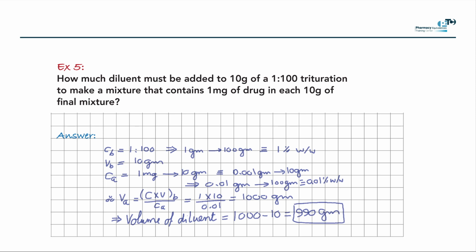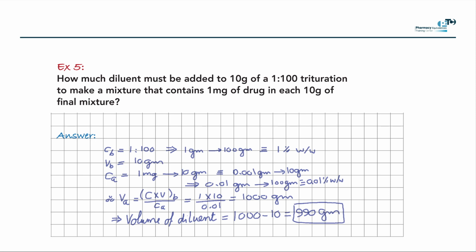So we must calculate this. 1 milligram in each 10 grams means 0.001 gram. We convert 1 milligram to grams. It will be 0.001 gram per 10 grams.